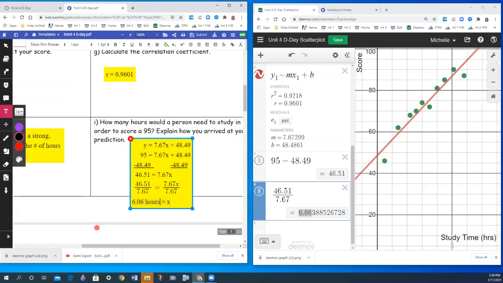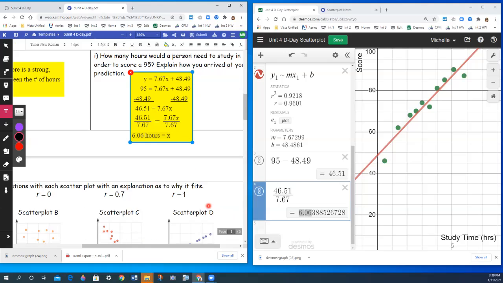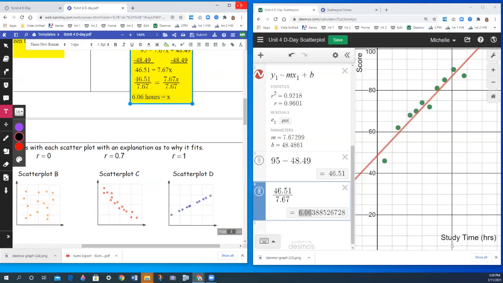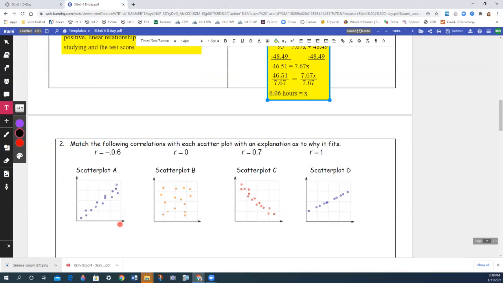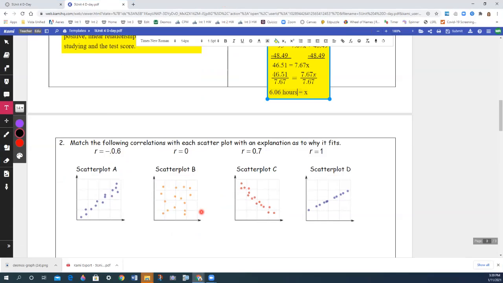So that is the video on the Scatterplot portion of the D-Day. The rest of it is review, with the exception that you have to match the Scatterplot with the R. So this one you're going to match to one, either A through D, and same with these.